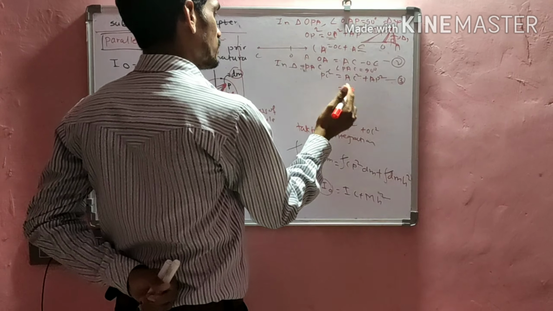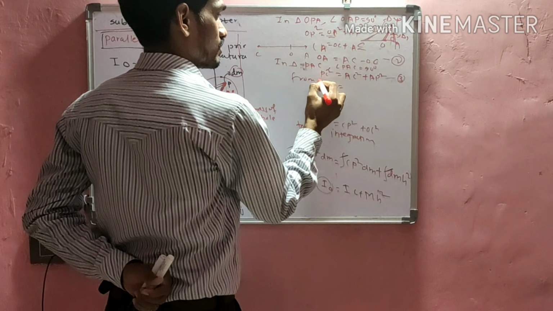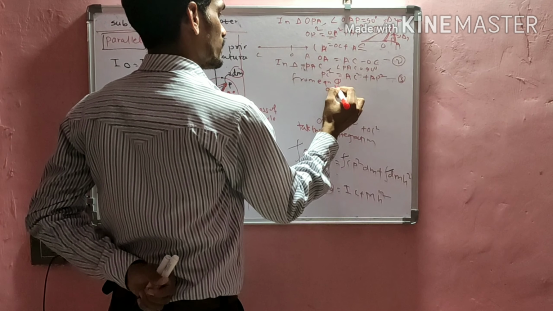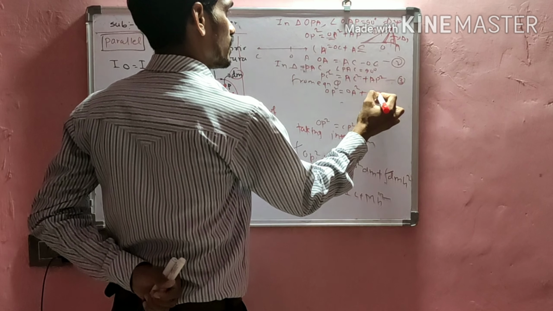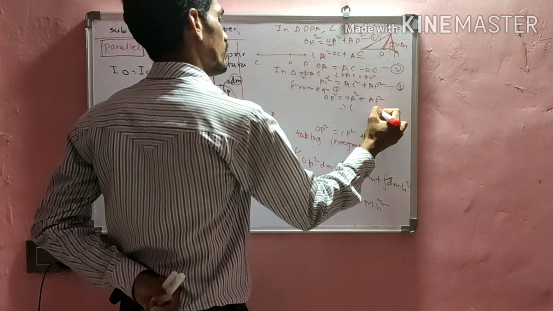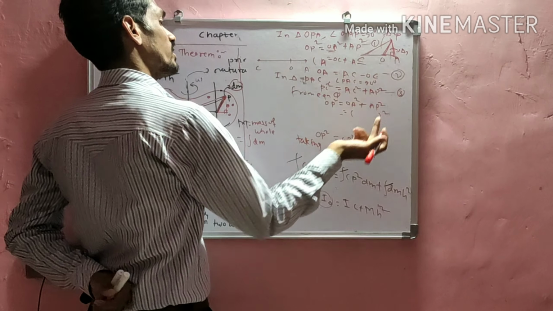So from equation first, we start with OP square equals OA square plus AP square. We have the OA value, put it over here. OA from equation second is AC minus OC.